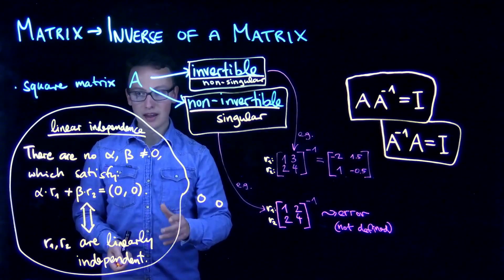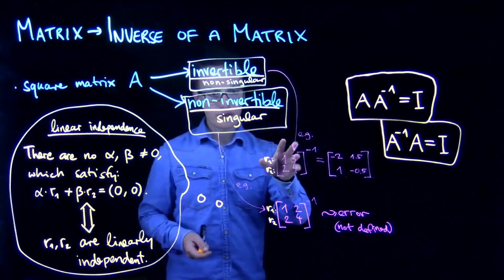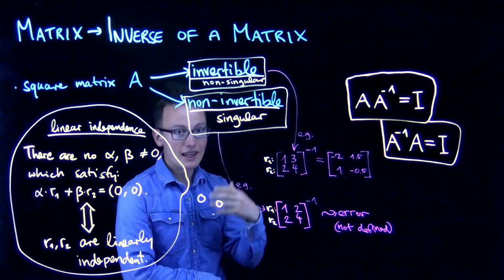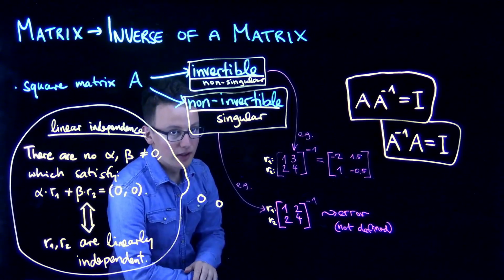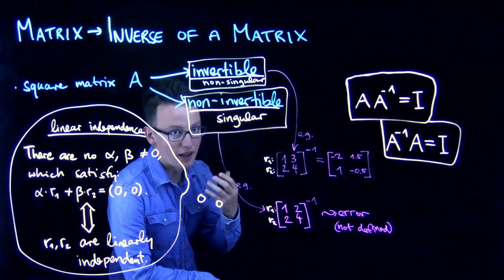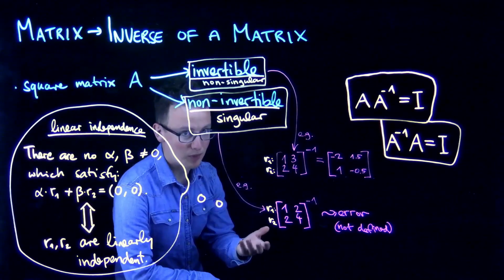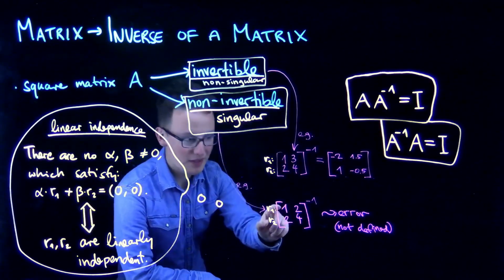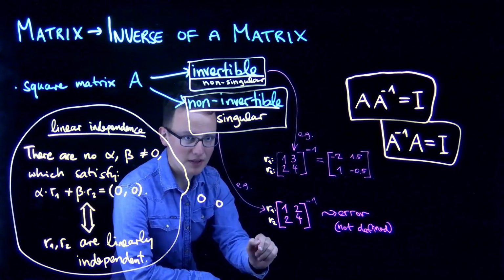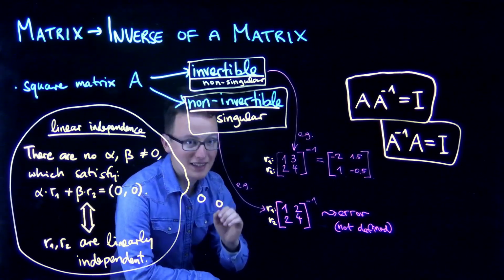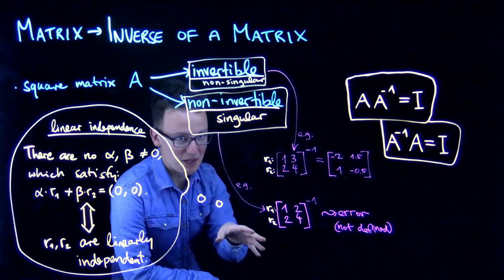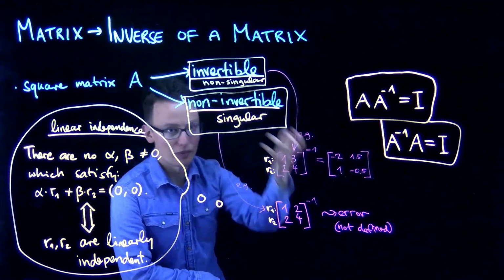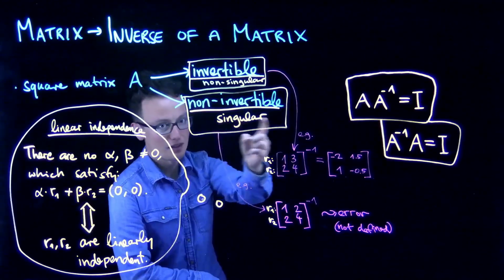And the idea is that if the rows of a matrix are in fact linearly independent of each other, in that case, the matrix is invertible, is non-singular. Then we are in this case here. But if I see that the rows of a matrix are linearly dependent with respect to each other, then we speak of a matrix that is not invertible, aka that is singular.